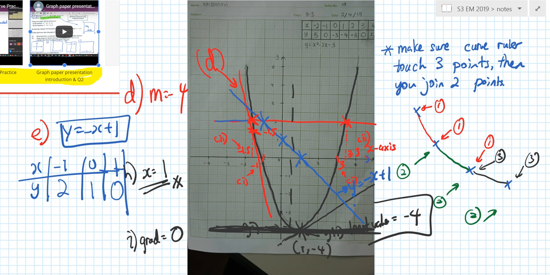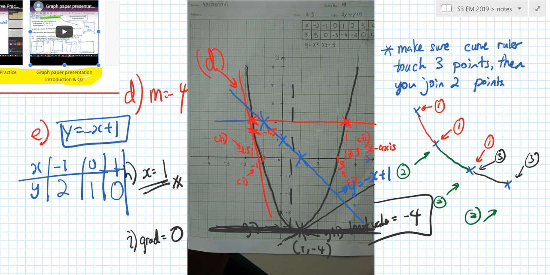Then you won't have this problem. Instead of drawing 2 separate graphs, I only draw 1 graph now. So, F part 1, write down the coordinate where 2 graphs meet.